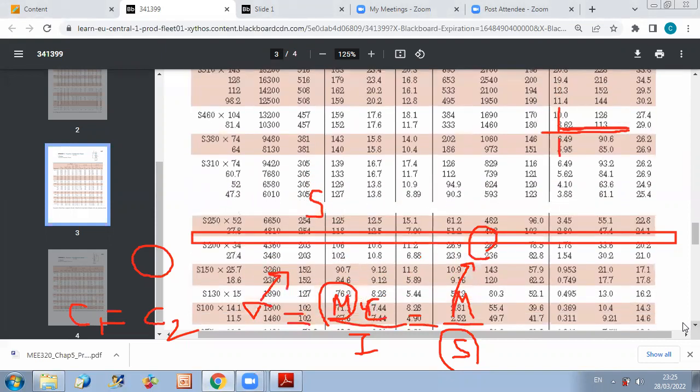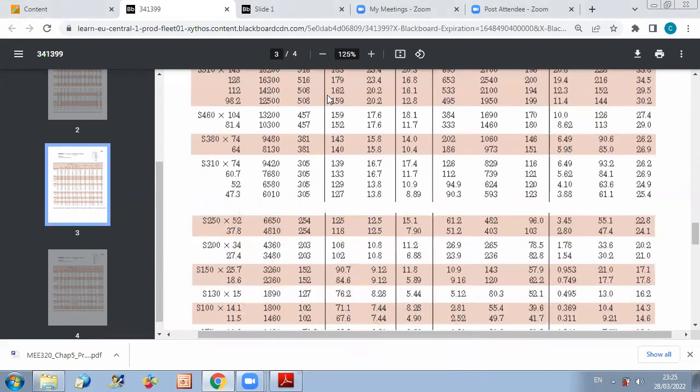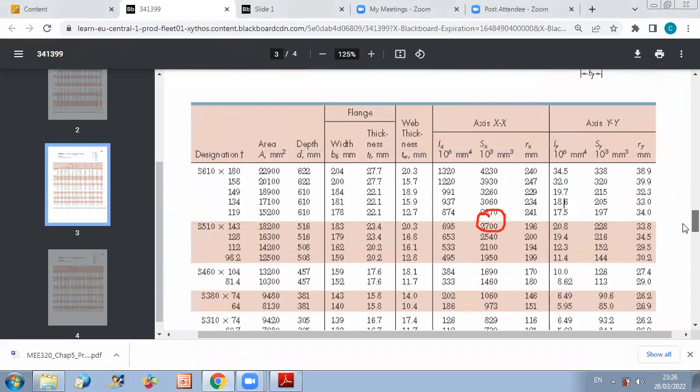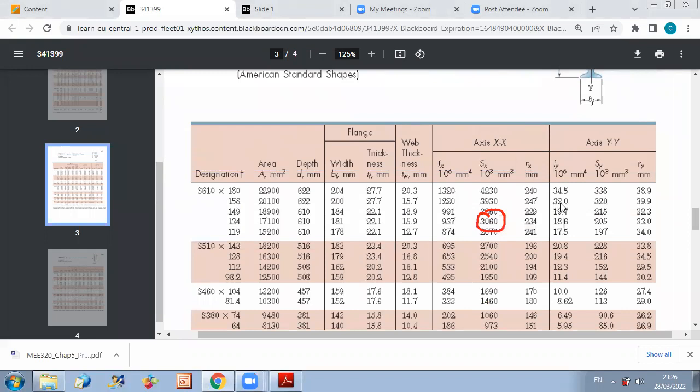Okay, it's 482, sorry. So this is the value desired. This is the modulus of your section, 482. And concerning the unit, as you can see here, the value of Sx is times 10 to the power 3 millimeter cube.